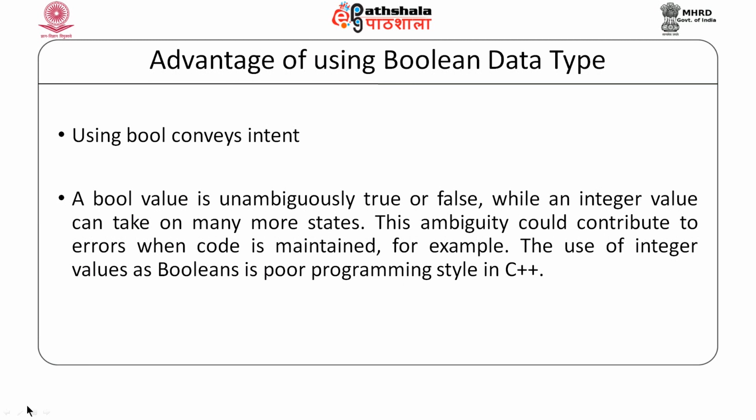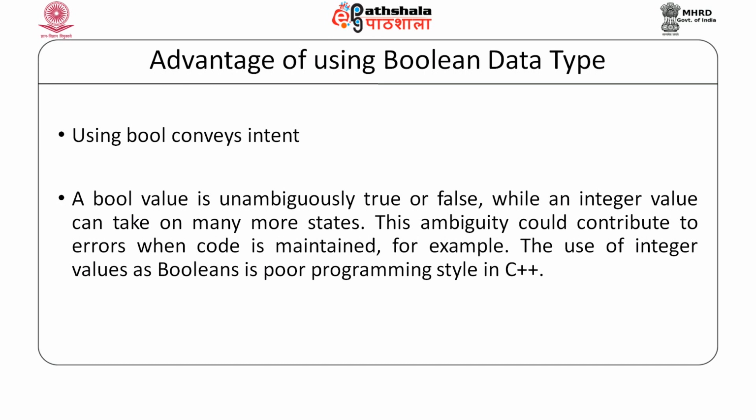So, this ensures that there are no subtle errors which might get introduced in our code. So, in C++, since we have a Boolean variable, wherever we need to deal with a Boolean kind of value, it is not a good practice to use an integer there. Using an integer where a Boolean variable can be used is a bad programming style in C++.